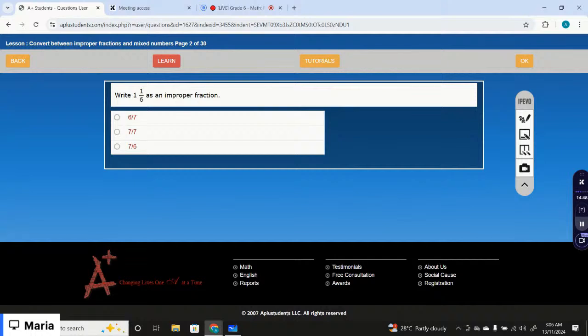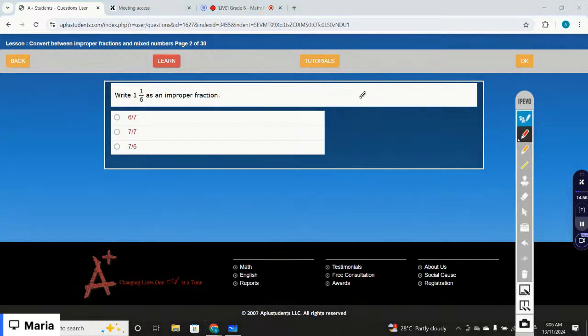Okay, write 1 whole 1 over 6 as an improper fraction. So, which is the correct option? The whole part is 1. Write it as 1 over 1. Multiply it by the denominator, that is 6. 6 times 1 is 6. That is 6 over 6 and plus 1 over 6. So that makes 7 over 6.